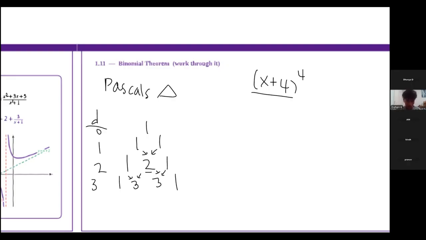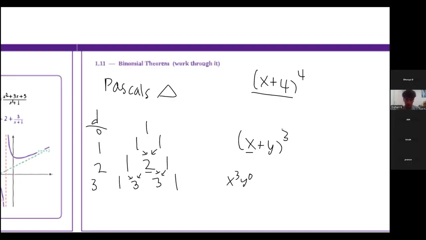Okay, x plus y cubed. First term, we're going to have just our first term to the power of 3, x to the third, times y to the 0. If you notice another pattern here, the two exponents always add up to the total degree.